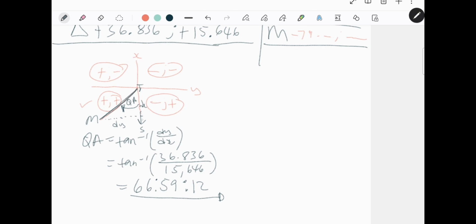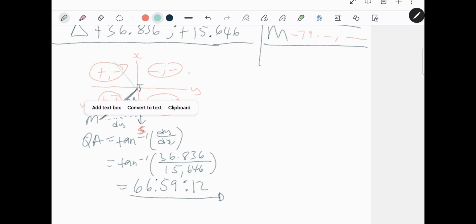Remember, when finding your bearing, you measure from the south. So moving from here to here, we don't need to add anything. We moved from the south to M. So we found our bearing TM. But if our quadrant angle was here, let's say the y was positive and the x was negative, we would be in this quadrant.